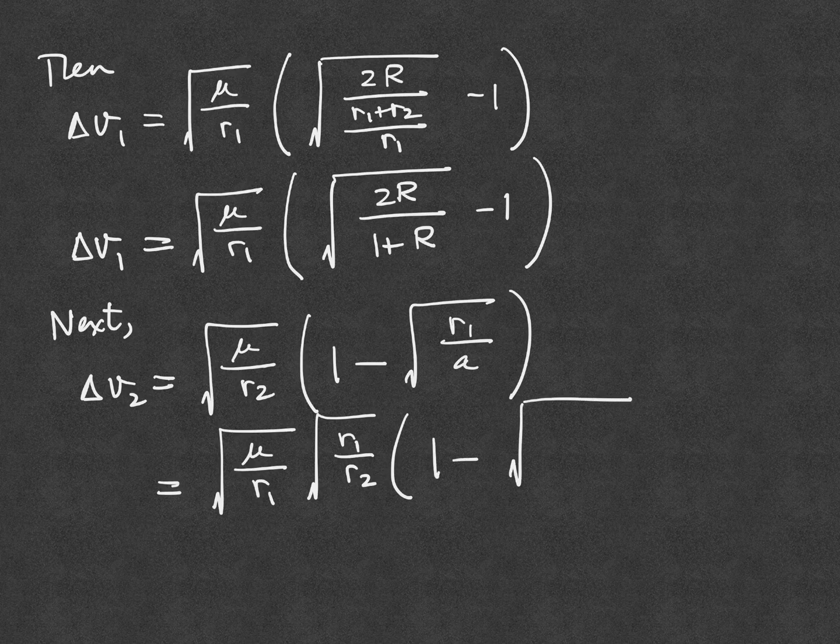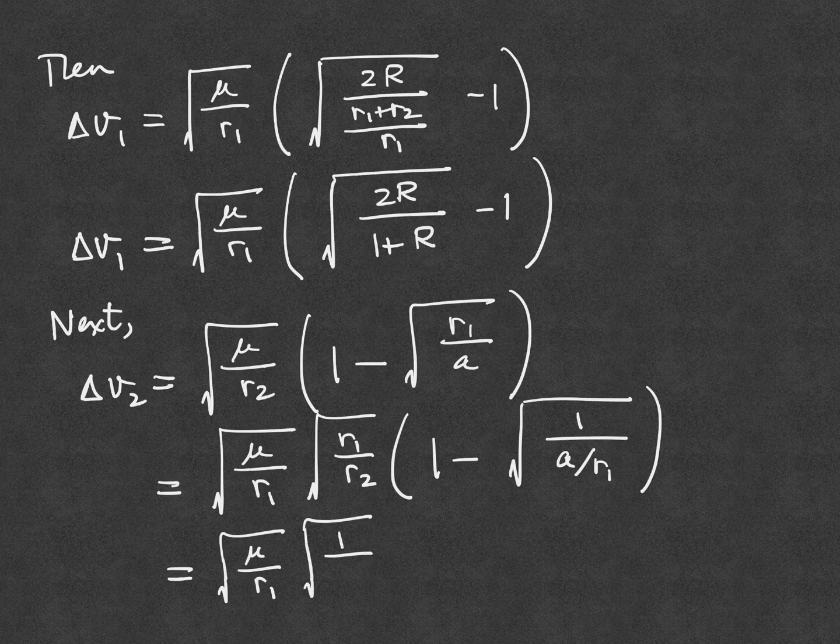And again, I'm going to divide the numerator and denominator by R1. So if I divide the numerator by R1, I just get 1. And then I get A over R1. Now this is equal to the square root of mu over R1, but R1 over R2 is 1 over R, so I get the square root of 1 over R, and then what I'm left with inside the parentheses is the square root of 1 all divided by R1 plus R2 all divided by 2R1.